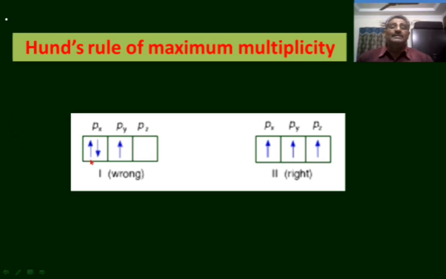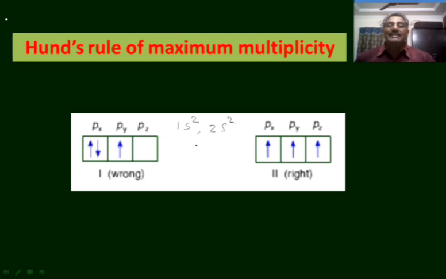Suppose the p orbitals are being filled. There are 3 p orbitals in the second main energy level. Suppose there are 7 electrons in the atom. 2 electrons occupy the 1s level, 2 electrons occupy the 2s level, and 3 more electrons remain.